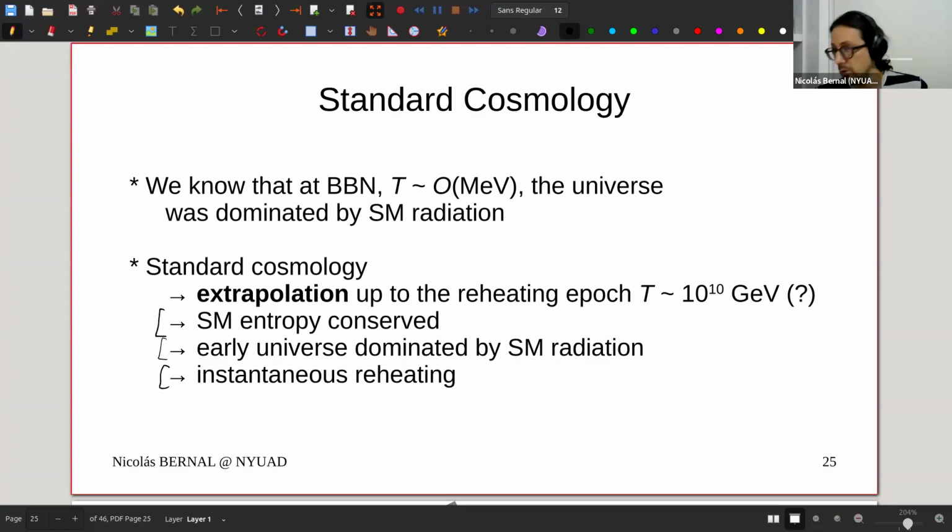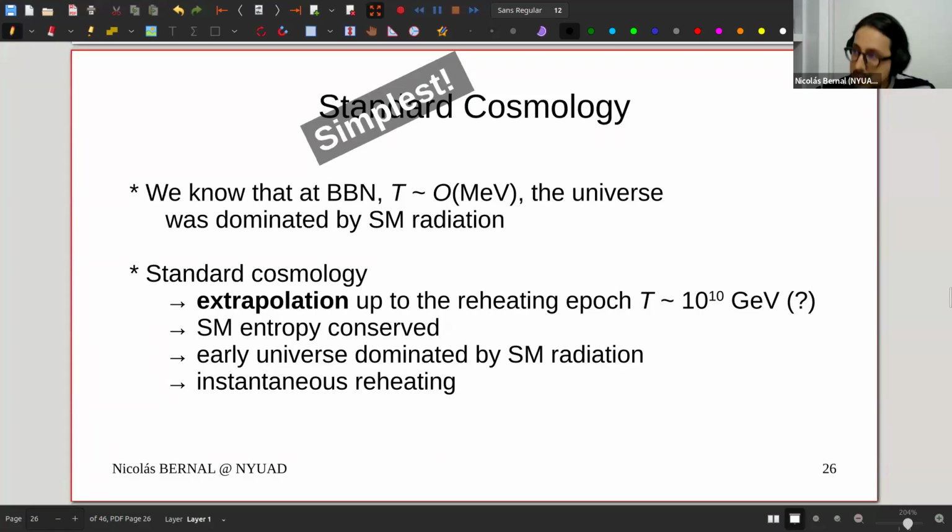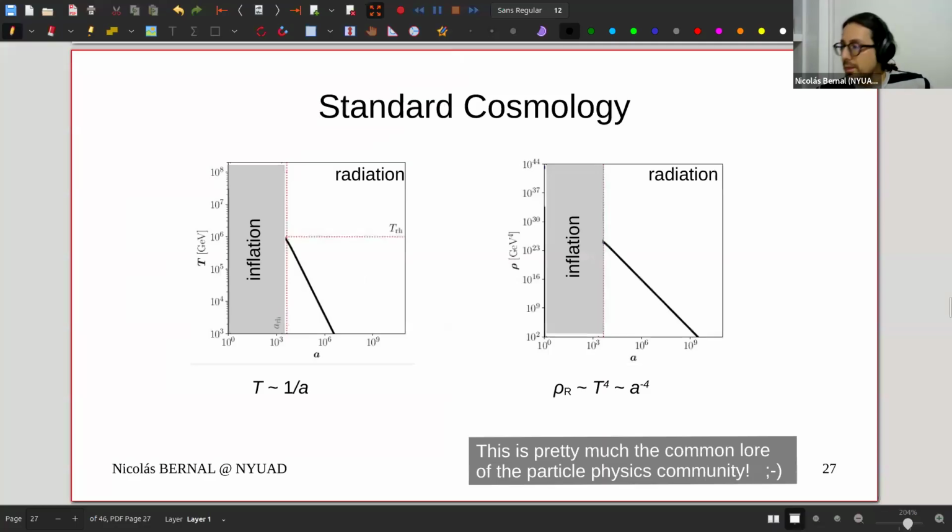It's the simplest model, so it's not standard by any means. It's just the simplest assumption one can make. It's pretty much the common lore in particle physics that we have inflation, during which the universe was dominated by the inflaton, and then an instantaneous transition from a universe dominated by the inflaton to a universe dominated by standard model radiation.